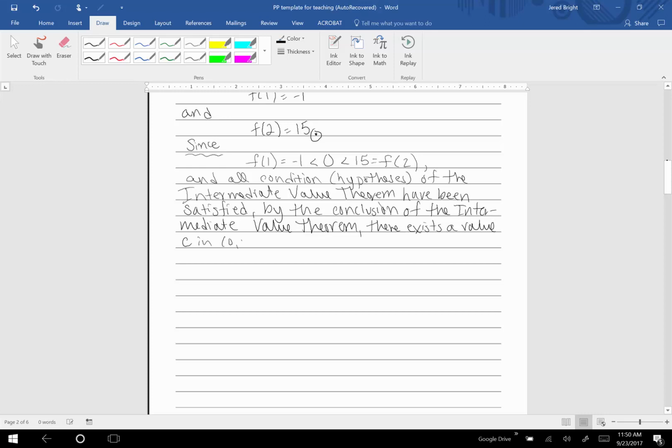In (0, 1), such that f of c is equal to 0.